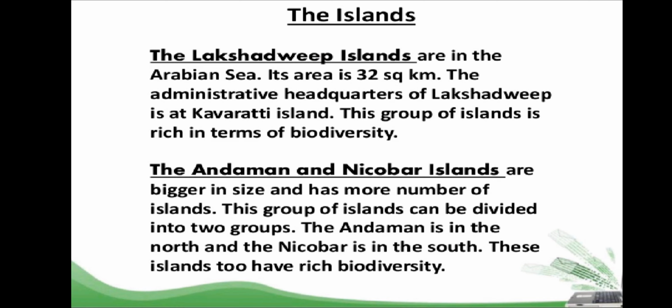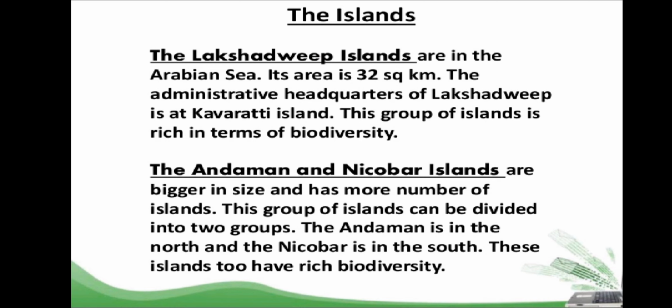These are also called coral islands. Lakshadweep are the coral islands of India as they are formed by coral deposits. Such islands are formed by the deposition of skeletons of microscopic species called coral polyps on the seabed.